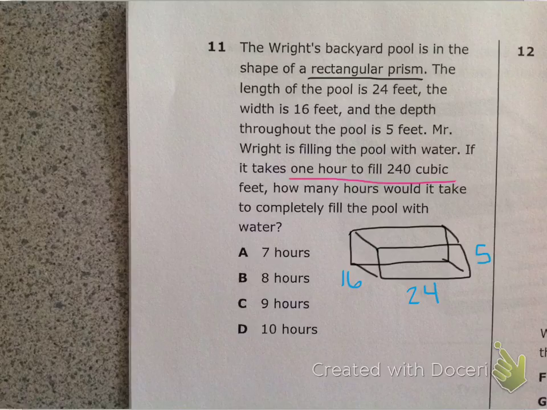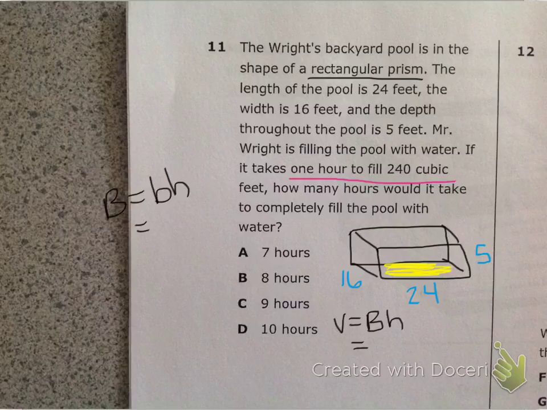So the formula for the volume of a prism is the area of the base times the height. I can pick any of the rectangles for the base. Let's just say that's the base right there. Then if that's the base, and big B is the area of the base, we will do base times height to get the area of a rectangle. So 24 times 16.